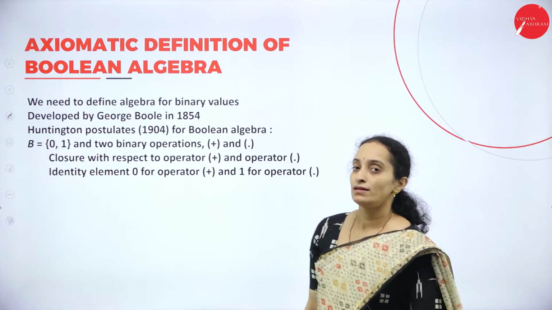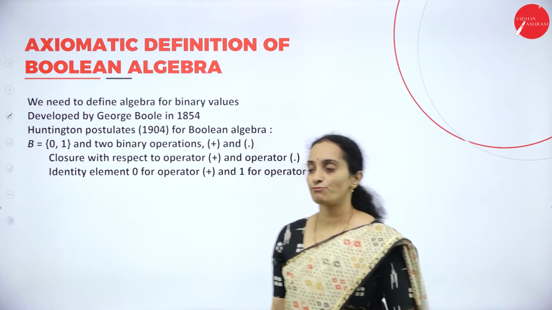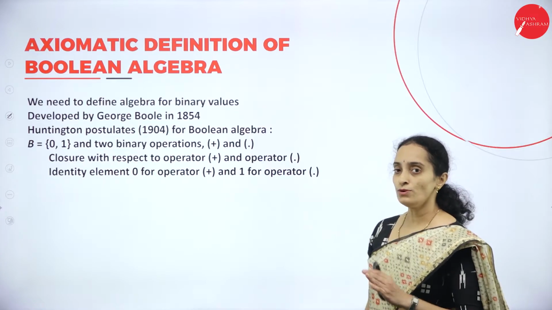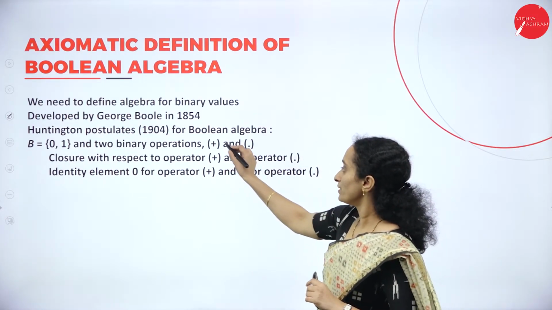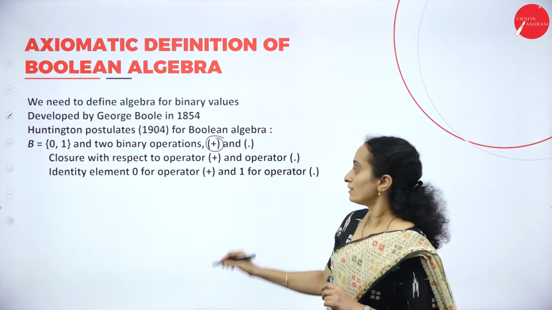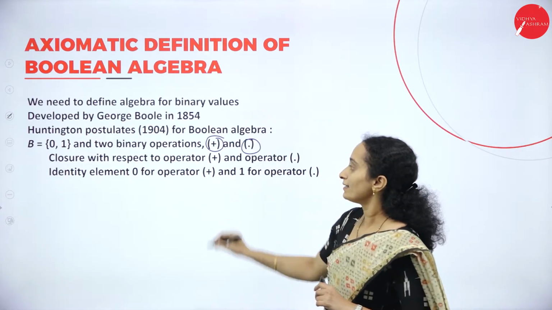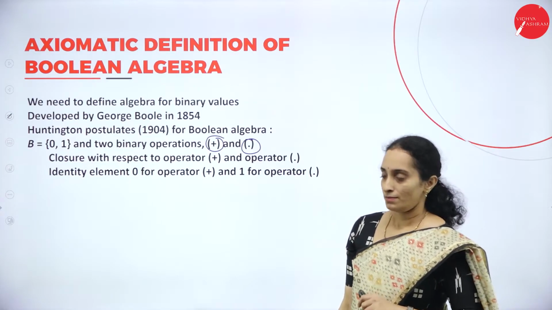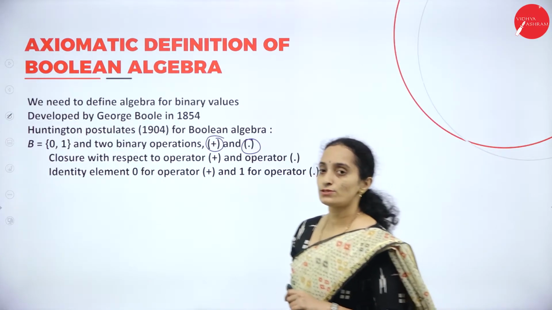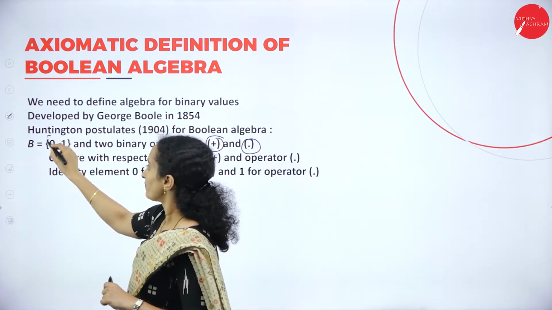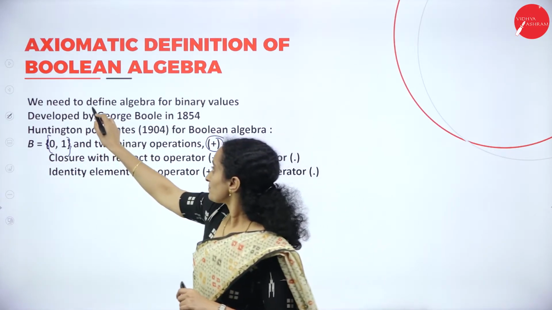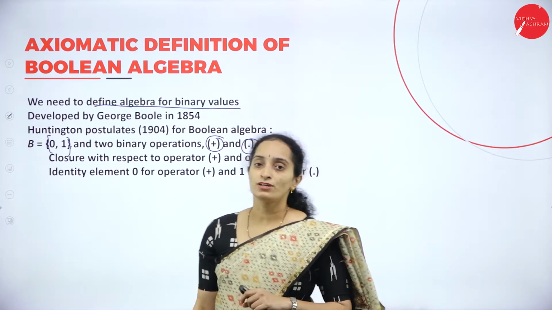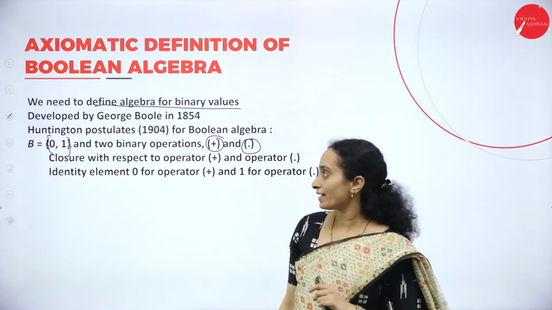Next we have the axiomatic definition of Boolean algebra. How do you perform the axiomatic operation on Boolean algebra using the plus operator and the dot operator? There will be two values, 0 and 1, so we need to define the algebra for the binary values.